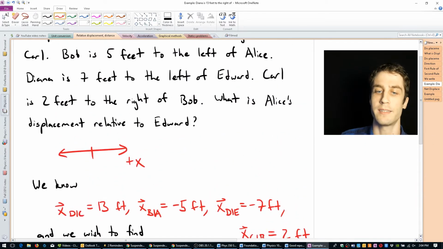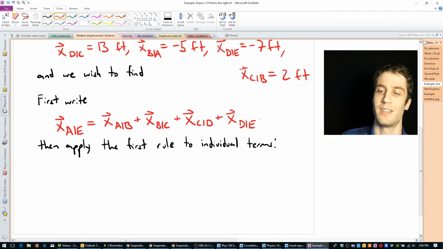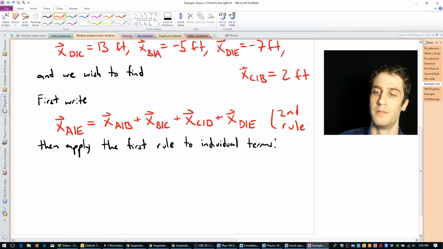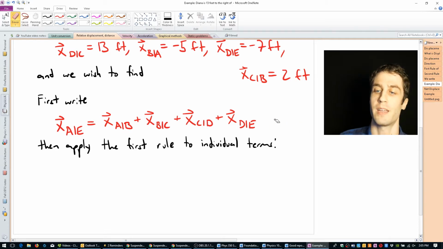We're asked for Alice's displacement relative to Edward, xa relative to E, and that's equal to xa relative to B plus xb relative to C plus xc relative to D plus xd relative to E. What is that? That's the second rule. It's just this version of the second rule where I've written it out with 4 terms on the right-hand side. So this is just an application of the second rule.